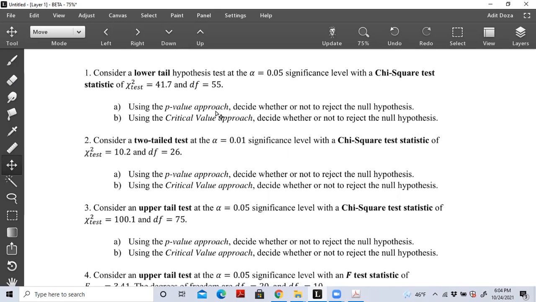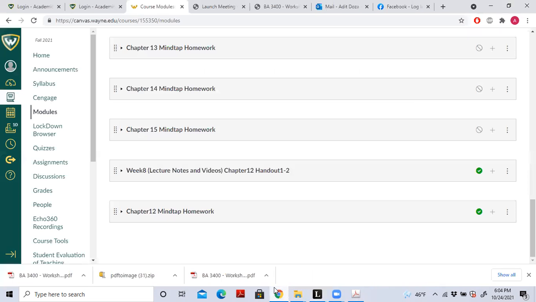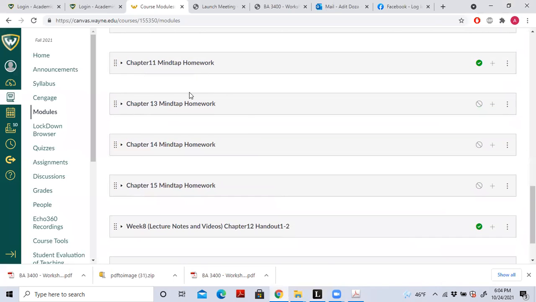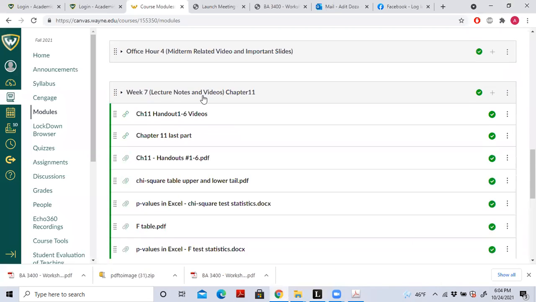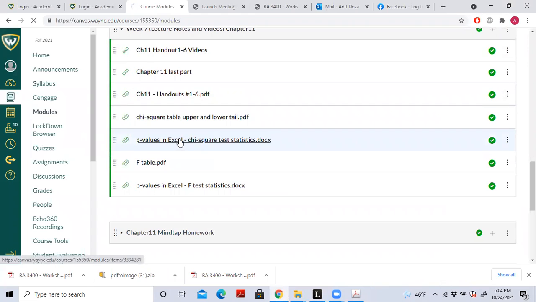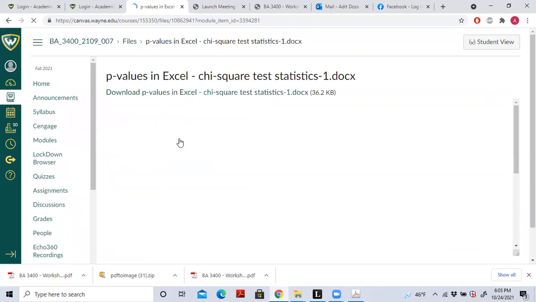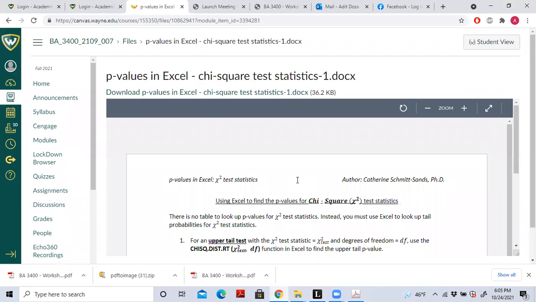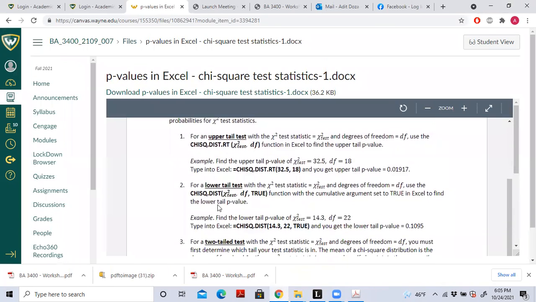For a chi-square test statistic for a lower tail test, I think I have given the Excel sheet too, in chapter 11, on how to calculate it. For the p-value, we have to use Excel.